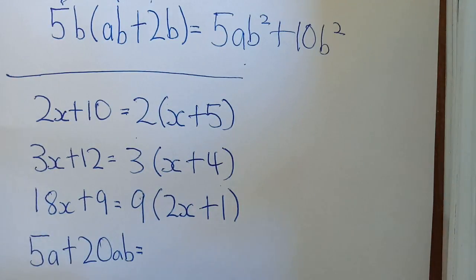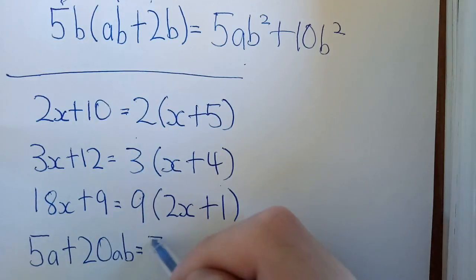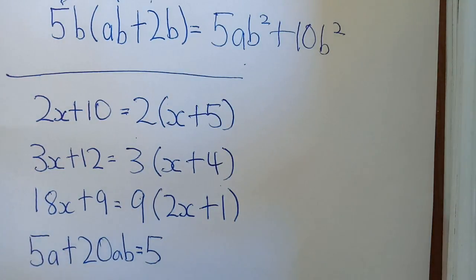Now let's look at our last equation for the lesson. 5a plus 20ab. Okay, this is a bit different from these equations because we've got 2 similar letters in each of these values. They're both a, so we have to include it in our outside value. So the highest common factor is 5 in this case, from 5 and 20.